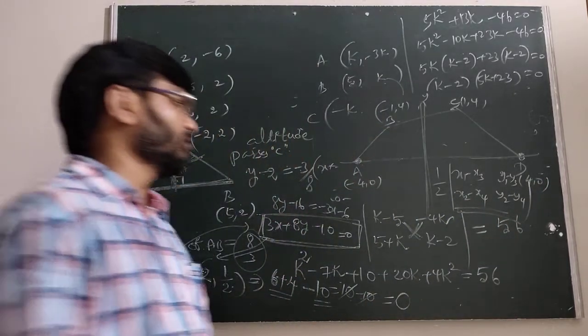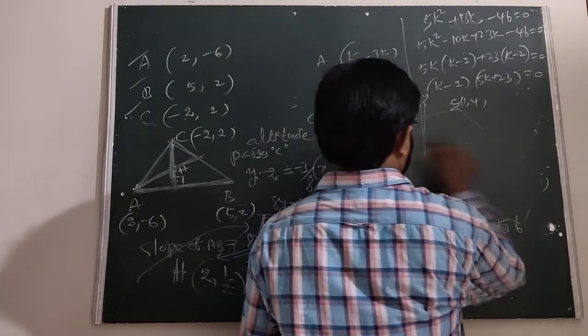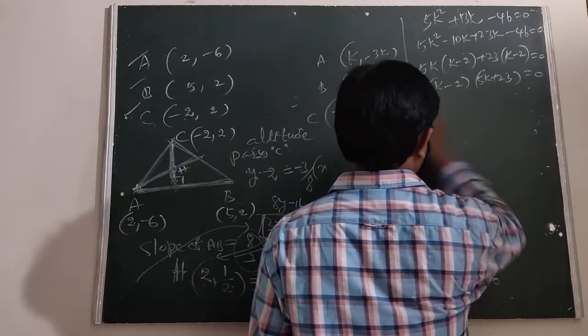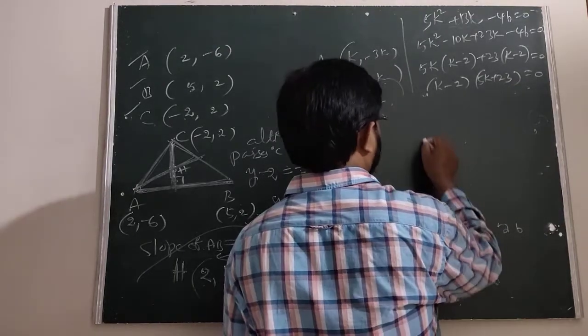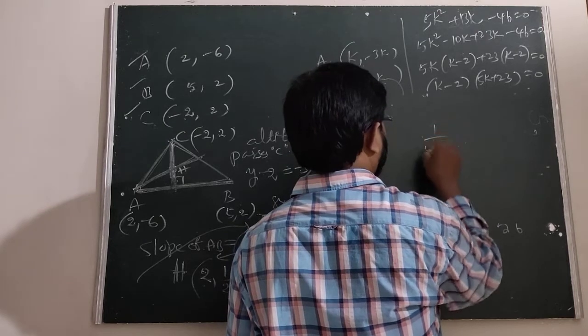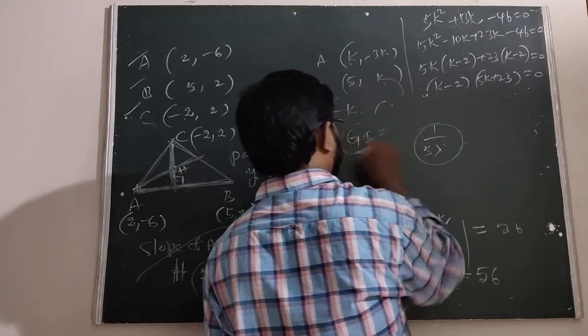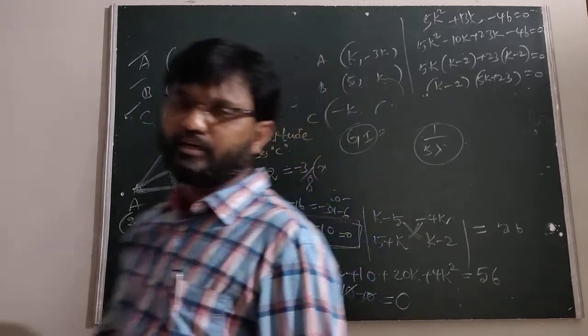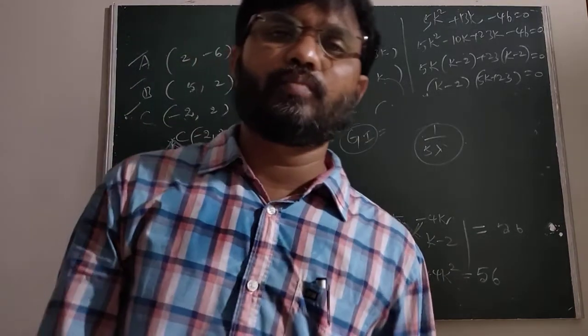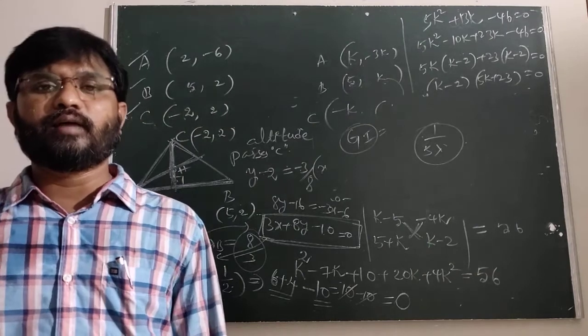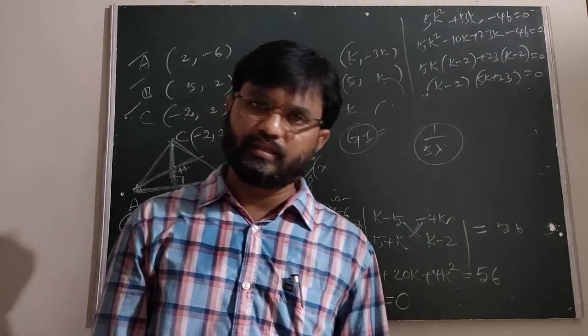And another one is lambda by 5, the distance between the centroid and the incenter. For the centroid, we have x1 plus x2 plus x3 by 3 comma y1 plus y2 plus y3 by 3.